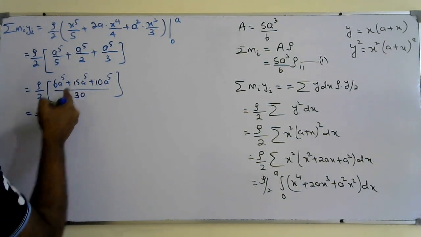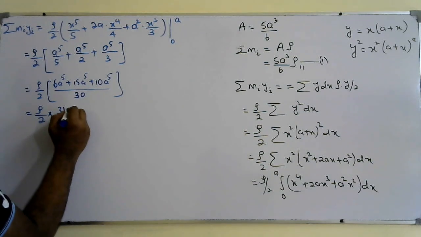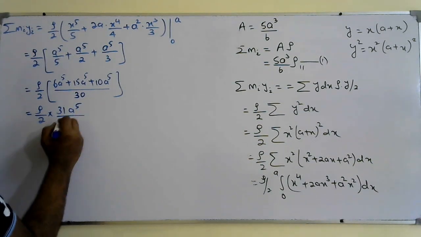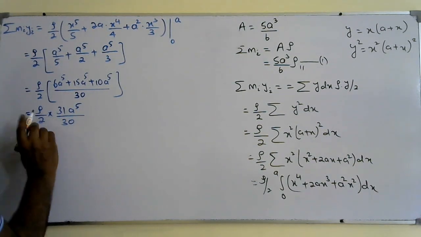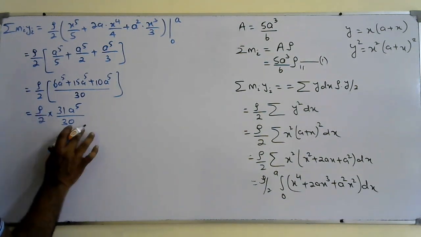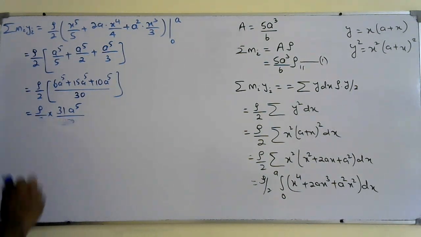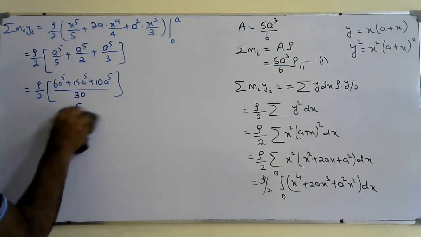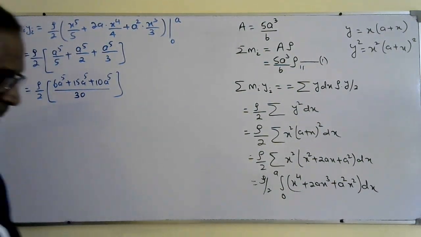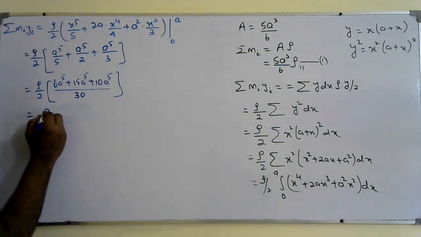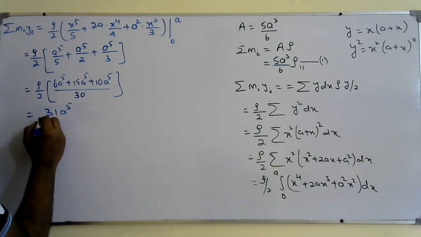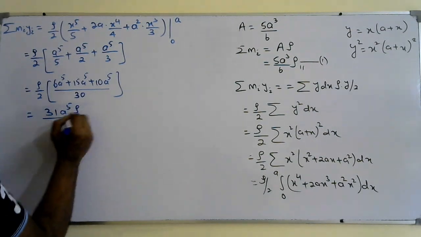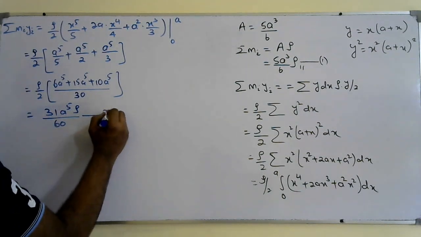That is 31a to the power 5 over 30. That is 60, so I can say 60 now, 2 into 30 is 60. So I'll write it like this: 31a to the power 5 over 60 times rho. Okay, this is the second one.